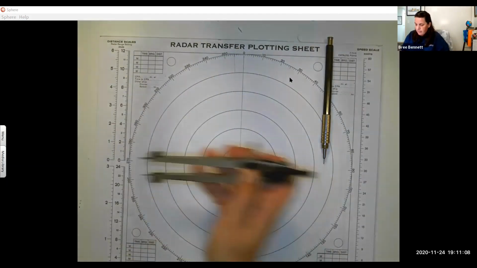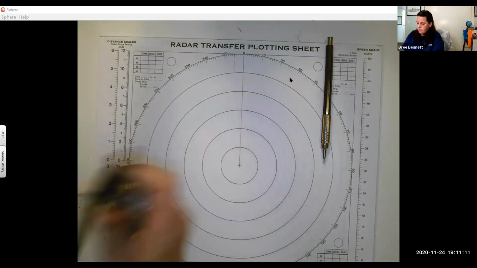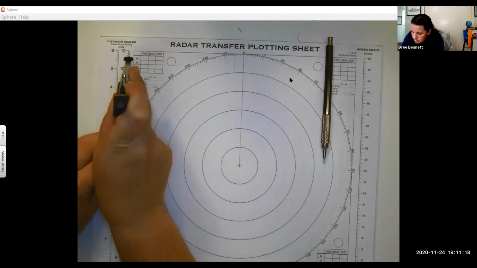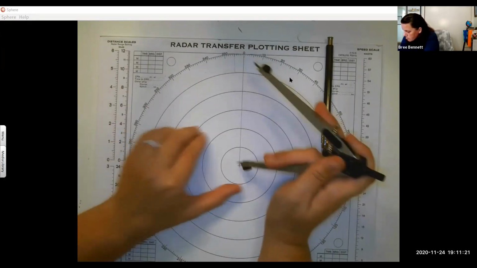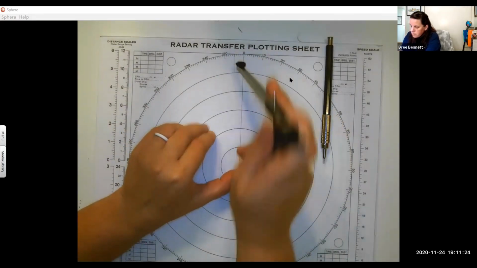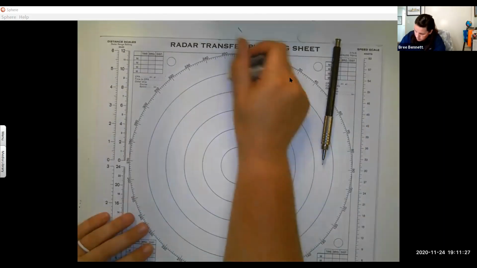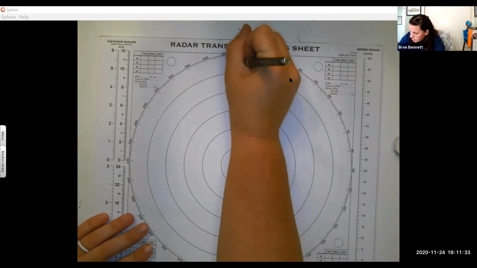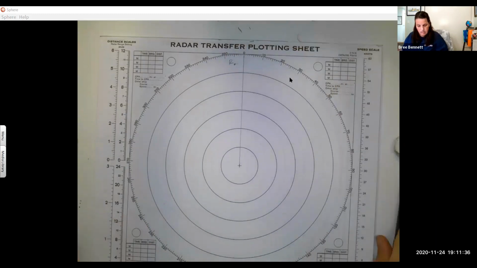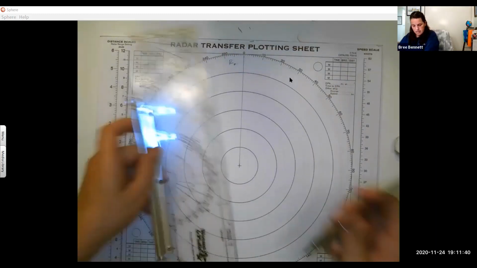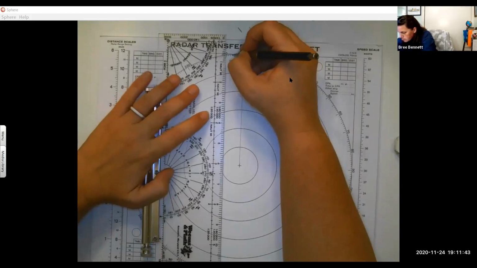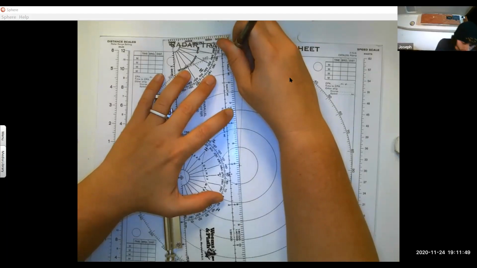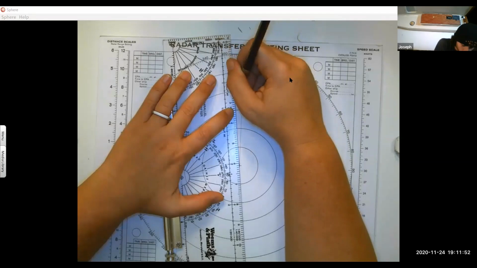So we had 355 at 11 nautical miles. And then 354 at 9.3.